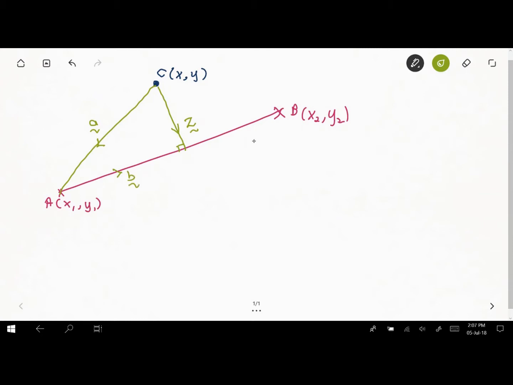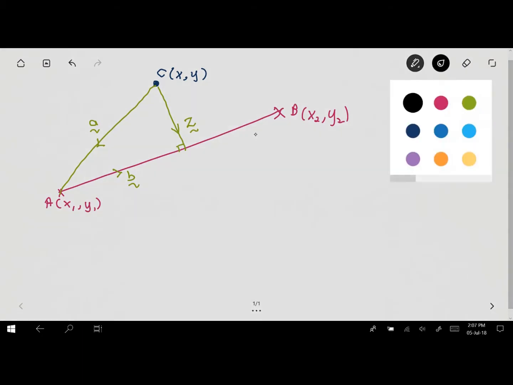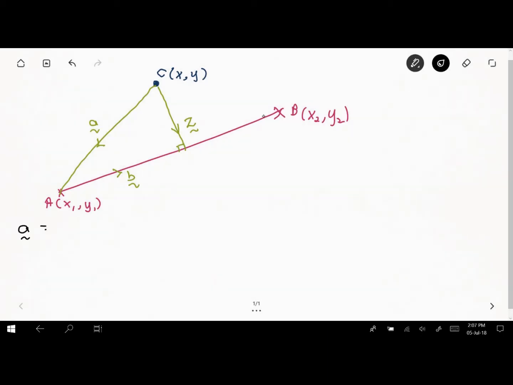Let's write down the coordinates for both A and B at the side here. A is simply CA or AC, the direction doesn't matter. In this case it is OA minus OC, which is x1 minus x, comma y1 minus y. Given a point and a line, this is definitely known.